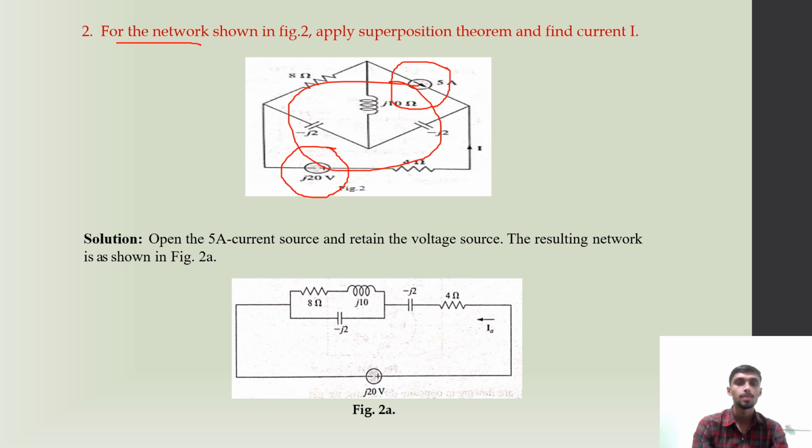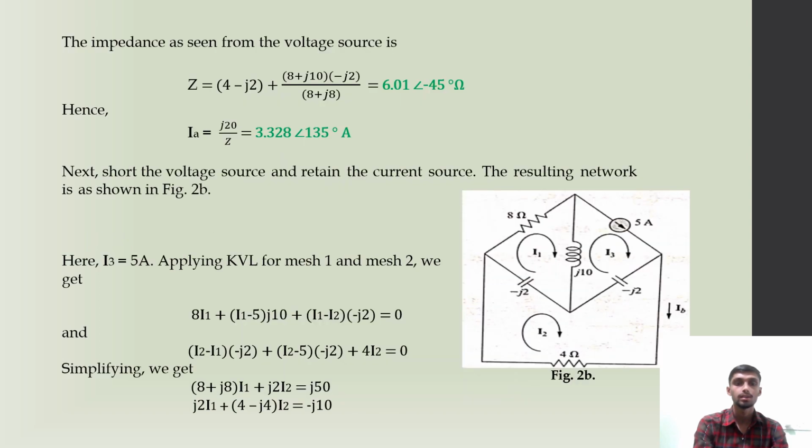I am going to find the current due to the voltage source by applying KVL, and this is the solution for the circuit, and find out the impedance. After that, I am going to find the current by dividing the voltage by the impedance.